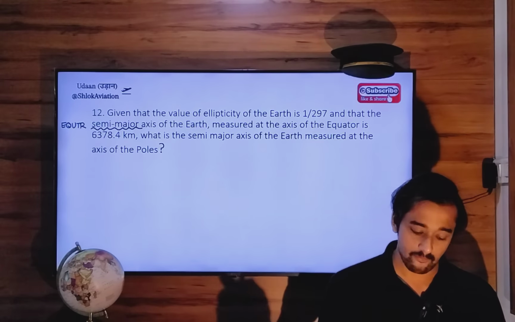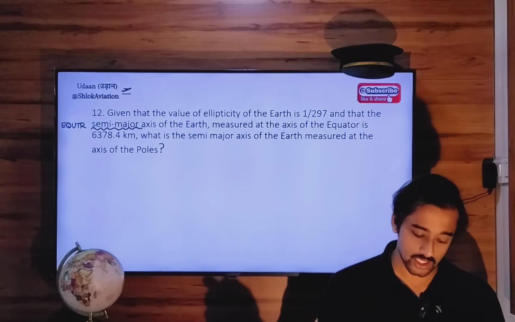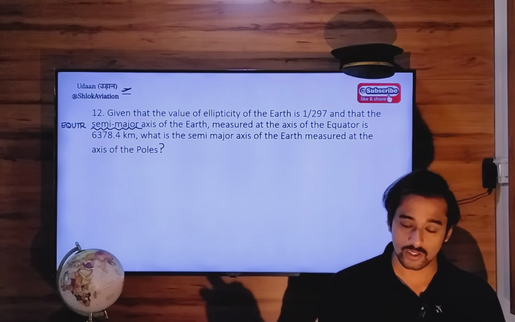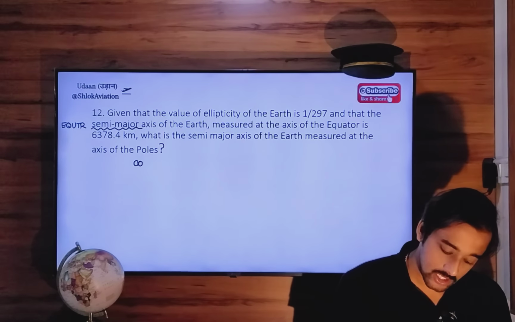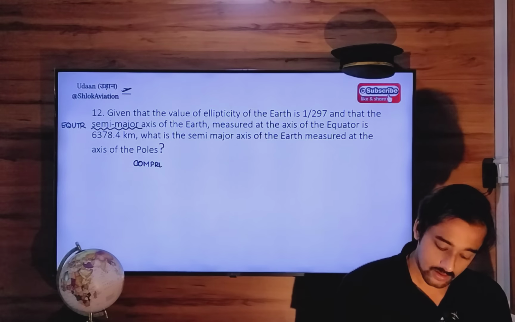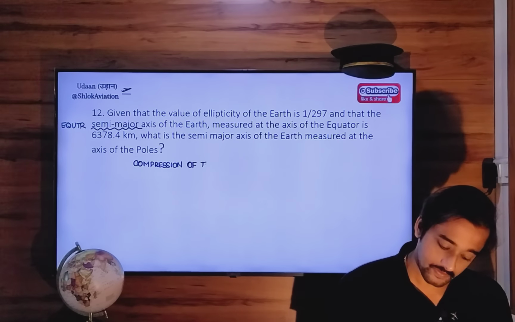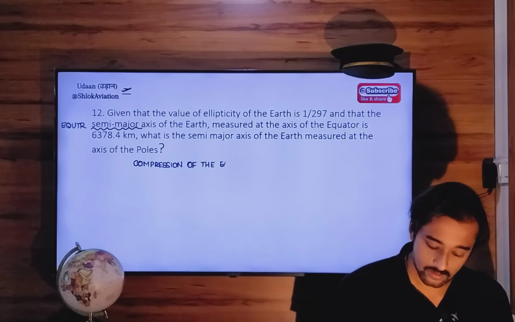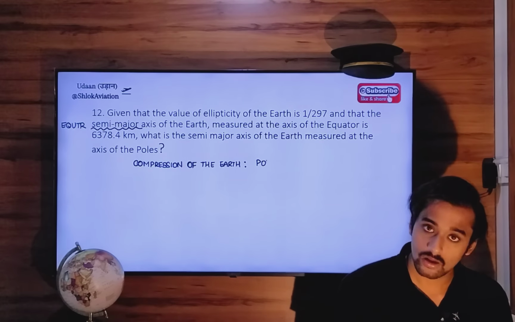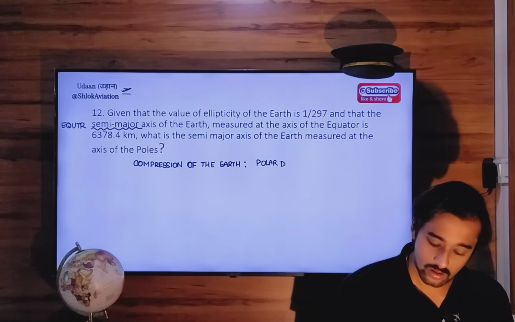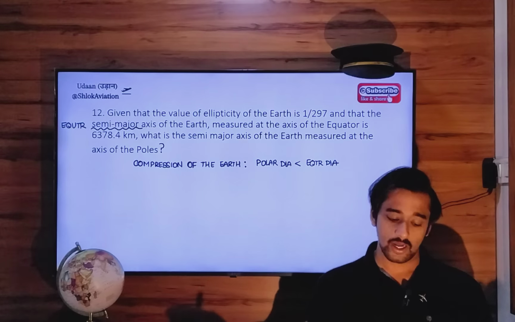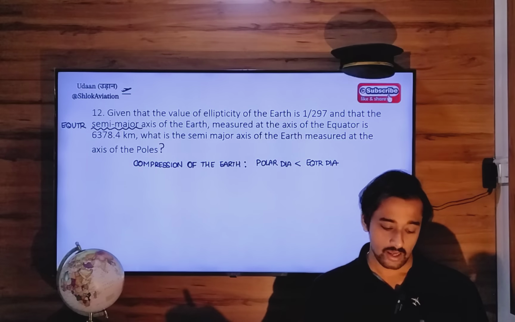What is the semi-major axis of the Earth measured at the axis of the poles? Now we all know that due to the compression of the Earth, the polar diameter is less than the equatorial diameter.